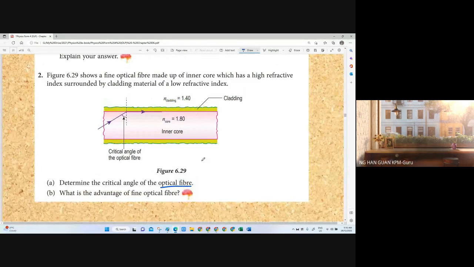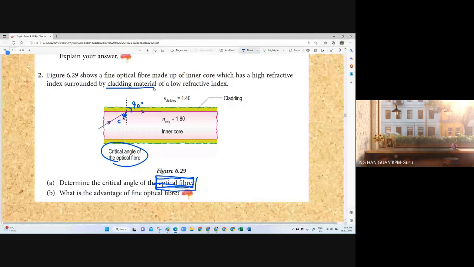It doesn't specifically mention whether we want the inner core or also include the cladding material surrounding it, with the lower refractive index. So what is the actual critical angle of the optical fiber here? We need to clarify this. So for me, this is not a good question. But according to this result, with this angle, they say that this one is the critical angle. Based on here, this is 90 degrees.